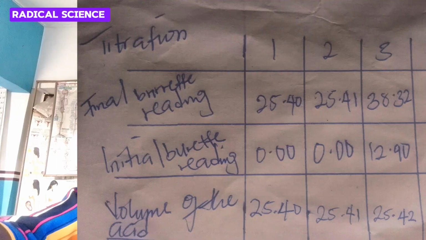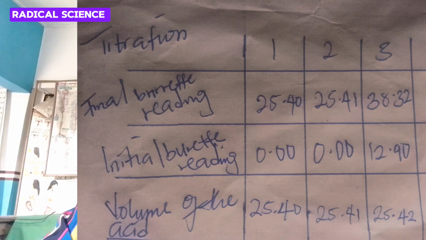Now on the third titre, which is 38.32 minus 12.09, it will give you 26.23. So that becomes the volume of each of the titrations.